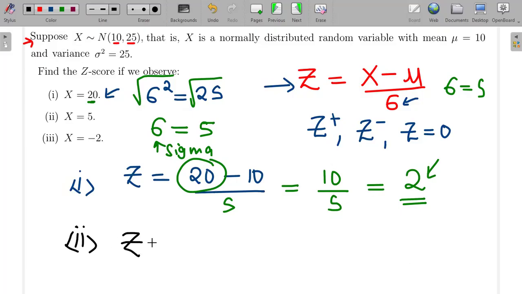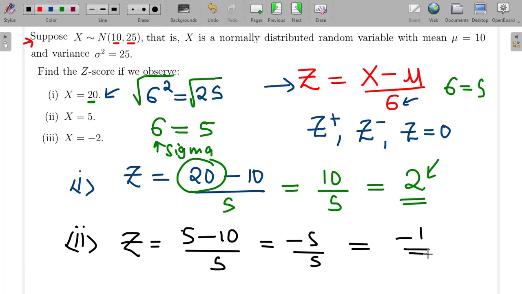Let's find the z-score for part 2. That will be the observed value 5 minus 10, divided by 5. So this will be -5 over 5, and this is -1. That z-score value is negative, meaning our observed value is below the mean.